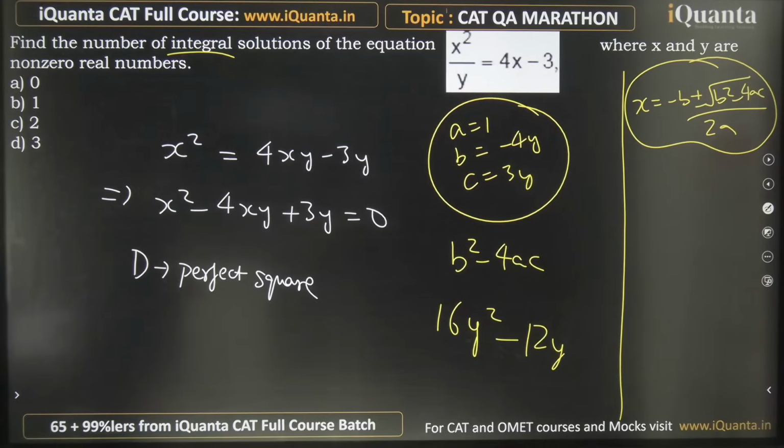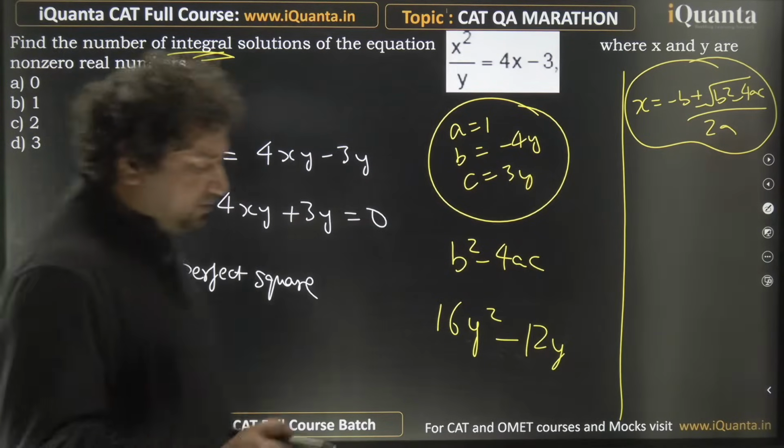Keshav, you got that? So if b square minus 4ac is not a perfect square, I'll get an irrational number which will not be an integer for sure. ठीक है ना? यही तो इसमें मैं बोल रहा हूँ.